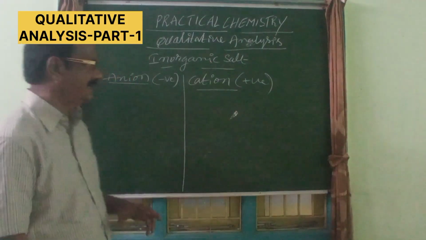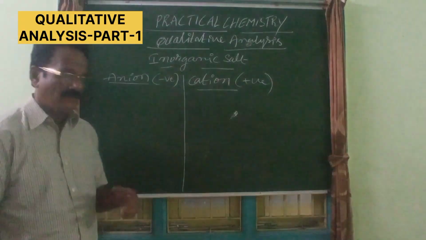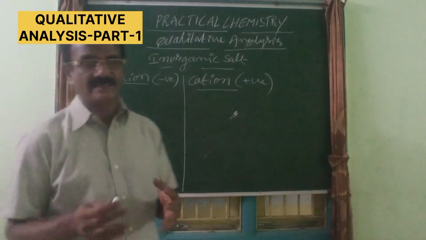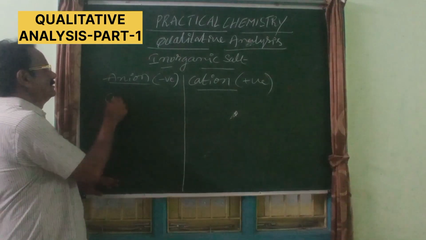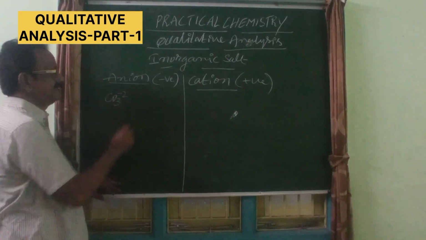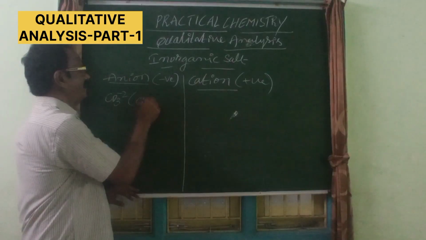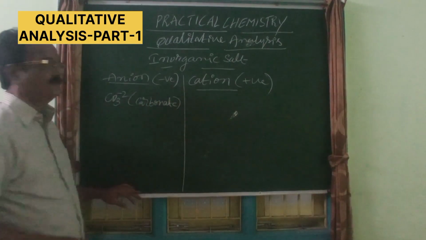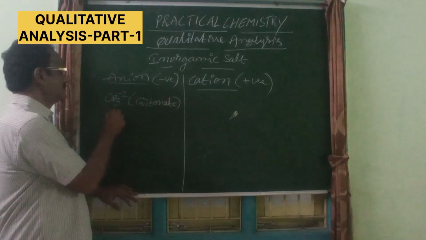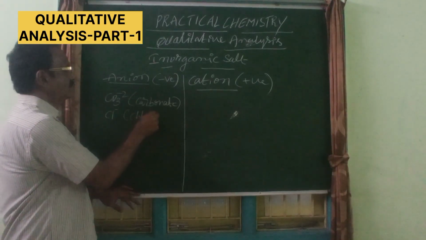The familiar anions to be analyzed in the laboratory are CO3 2 minus, this is called carbonate. Cl minus, this is called chloride.